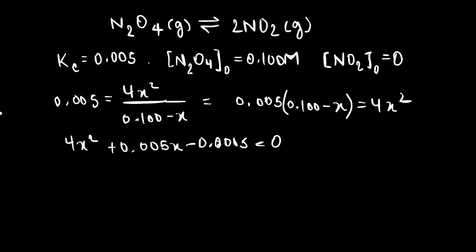So we can simply plug this into our quadratic formula, right? X is going to be equal to negative 0.005 plus or minus the square root. Remember, we square here, so that'll just give us 0.